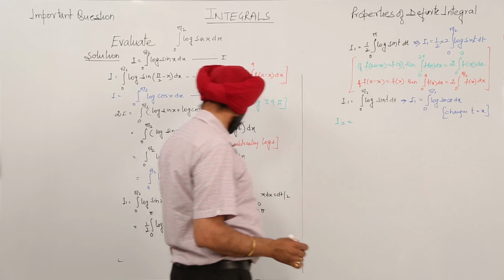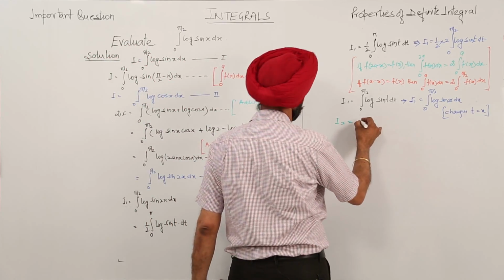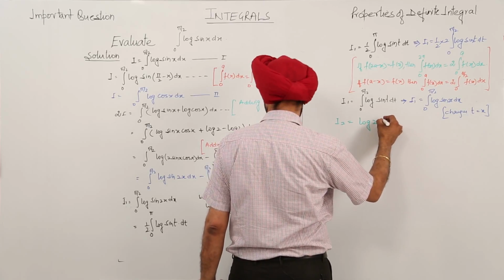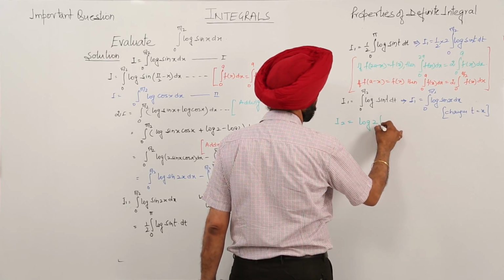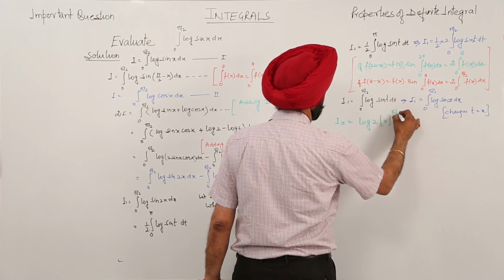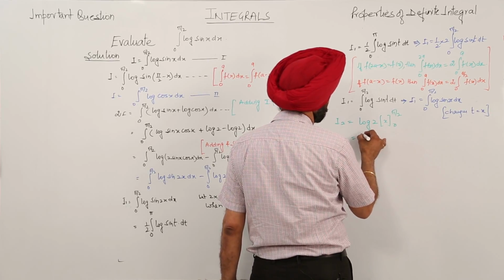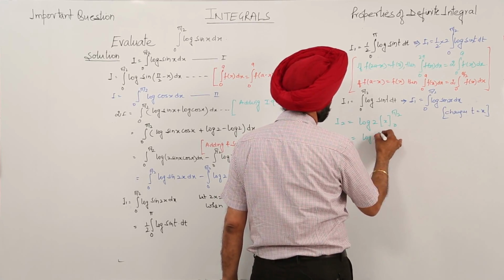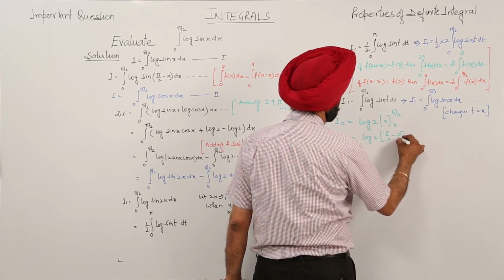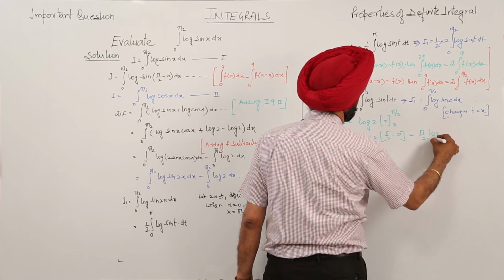Now I2 was 0 to pi by 2 log 2 dx, which is log 2 times x from 0 to pi by 2, equal to log 2 times pi by 2 minus 0, that is pi by 2 log 2.